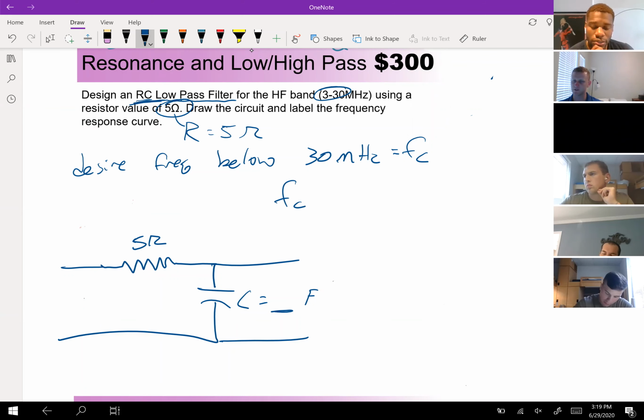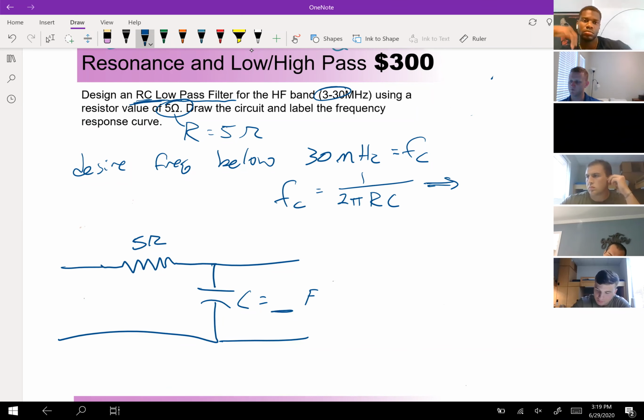So we use FC equals 1 over 2 pi RC, which in this case, we'll rearrange it to where we're solving for C because we're designing this filter. So C equals 1 over 2 pi R FC, FC being the cutoff frequency.